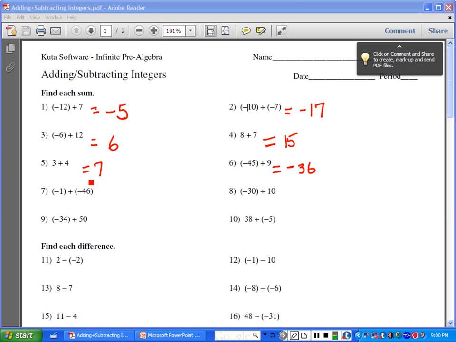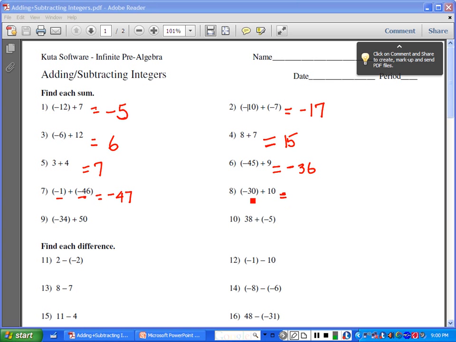Let's look at number 7. Same signs, sum. Therefore, your answer is going to be negative 47. Number 8. Different signs. Do the difference. We're going to subtract, so we're going to get 20, but guess what?